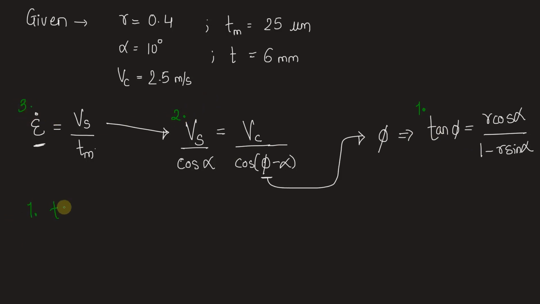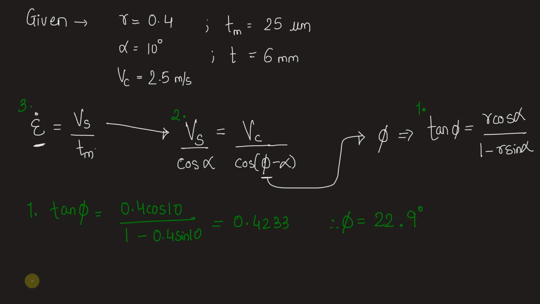Number one, for tan phi, we have it is equal to 0.4 cos 10 divided by 1 minus 0.4 into sin 10. This, when substituted in the digital calculator, we get tan phi is 0.4233, and therefore phi will be equal to tan inverse of this value, which comes out to be 22.9 degree.